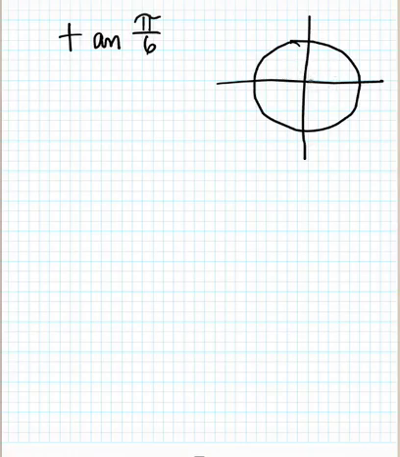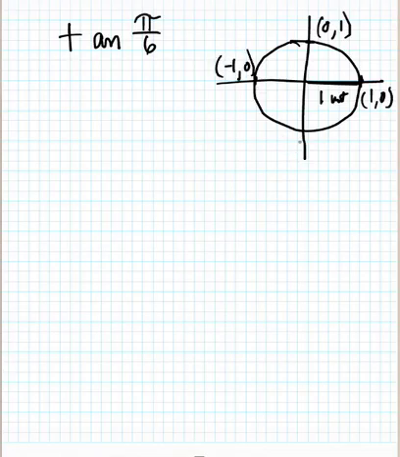And so what that means is if this is my unit circle right here, this is 1 unit, right? Because this is the point (1, 0), this is (0, 1), this is (-1, 0), and down over here is (0, -1). So 1 unit is this amount right here.